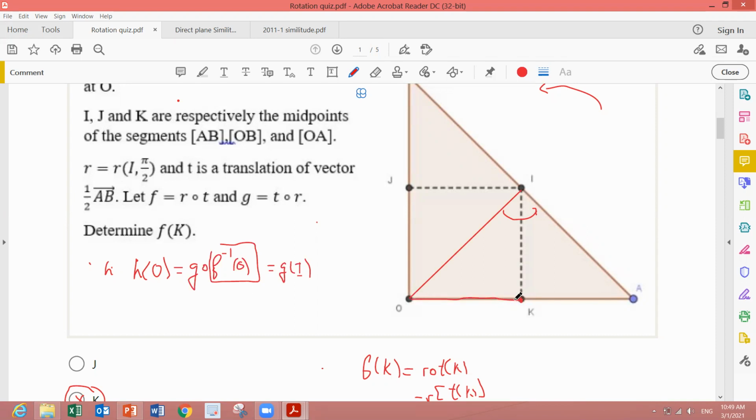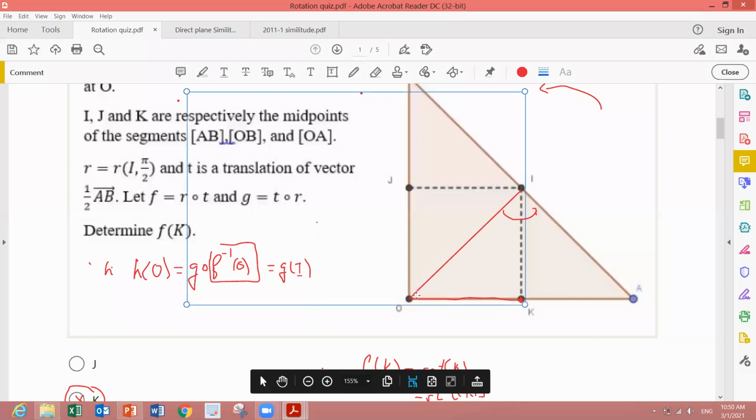K is fixed. You have to rotate KO, either downwards or upwards. You fix K, as if you draw a circle of center K and radius KO. You want to rotate it upwards, minus pi over 2.